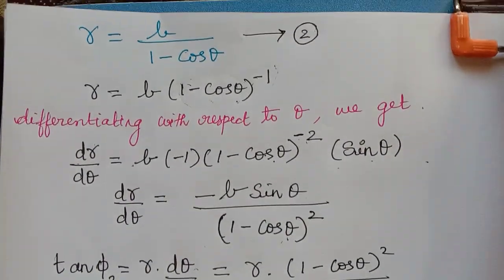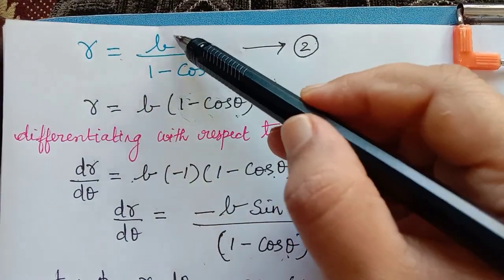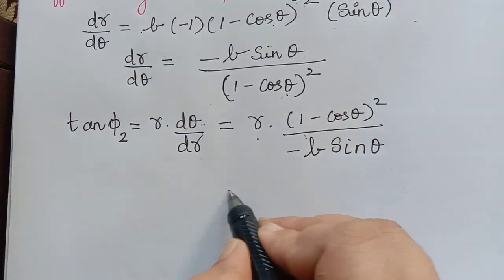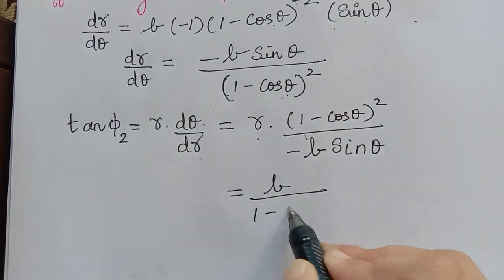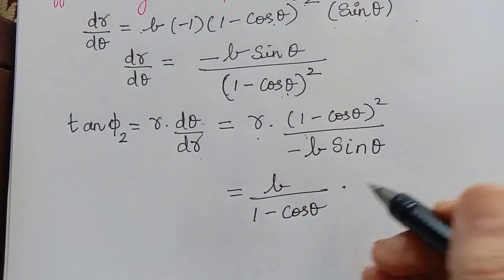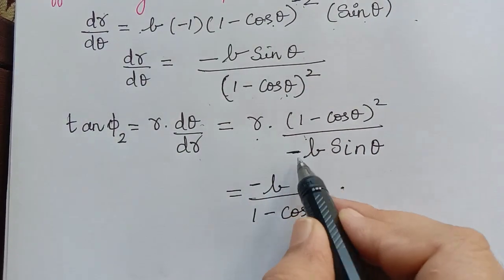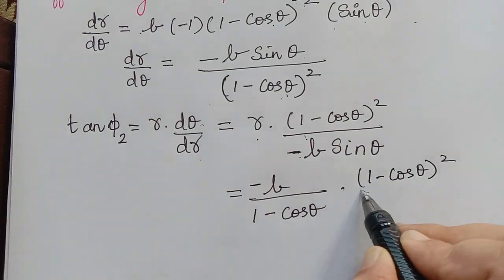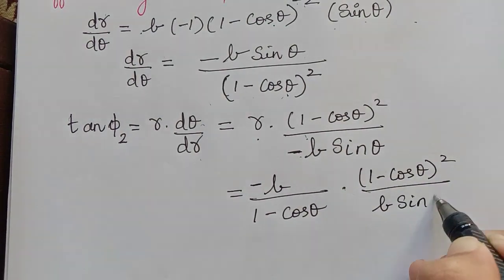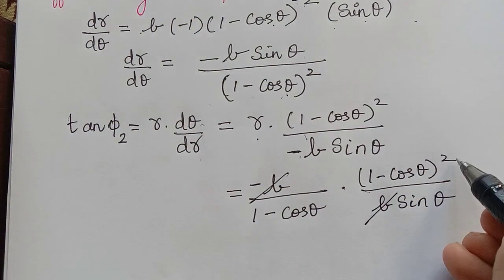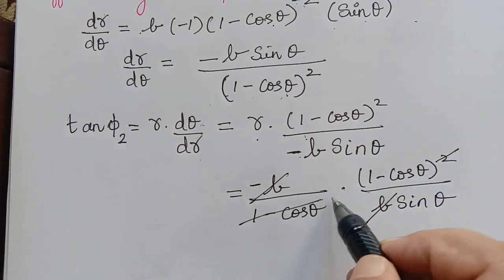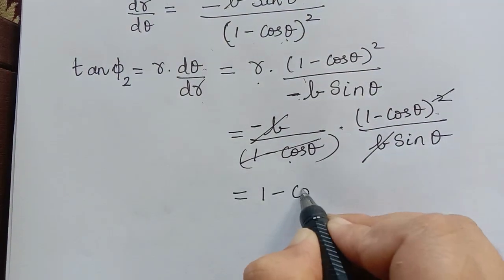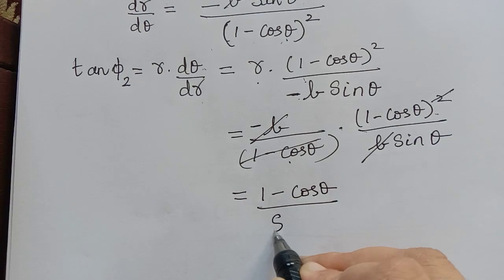From our equation 2 we know that r is equal to b divided by 1 minus cos theta. So let us substitute that over here. So b divided by 1 minus cos theta, multiplied with this negative sign, multiplied with (1 minus cos theta) the whole square divided by b sin theta. Now if you see, b and b get cancelled, and one of the (1 minus cos theta) gets cancelled, and we are left with (1 minus cos theta) divided by sin theta.